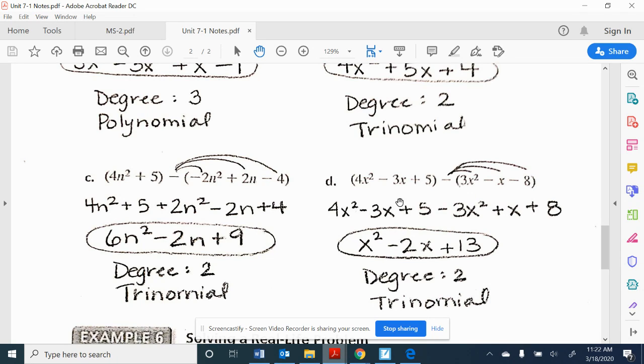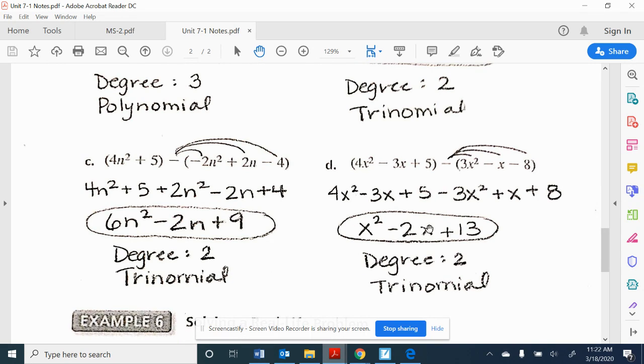Now let's combine like terms. 4x squared minus 3x squared is an x squared. Minus 3x plus x is minus 2x. Plus 5 plus 8 is plus 13. So again, notice standard form, degree 2, degree 1, degree 0. It is a degree 2 trinomial because there are 1, 2, 3 terms.